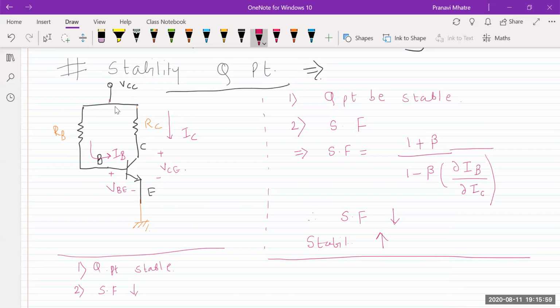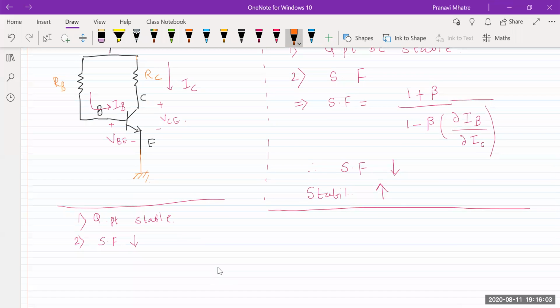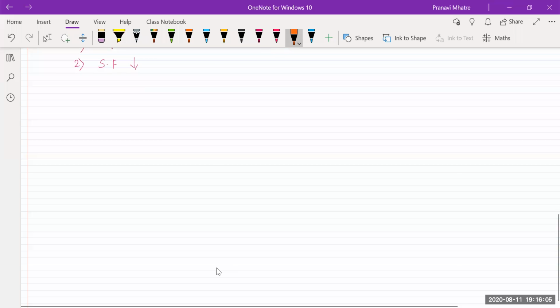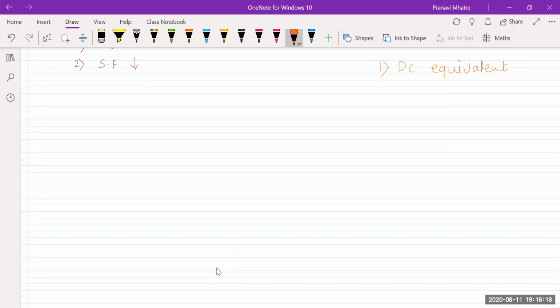So we'll begin with the analysis. Whenever we analyze all four circuits, we have to follow some steps. First step: always draw the DC equivalent circuit of the given circuit.